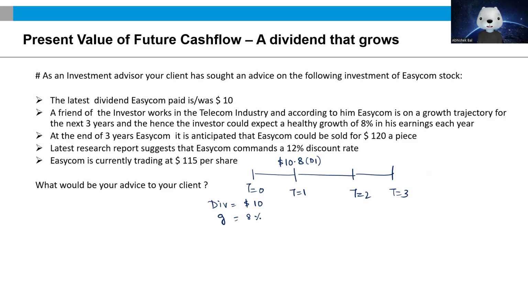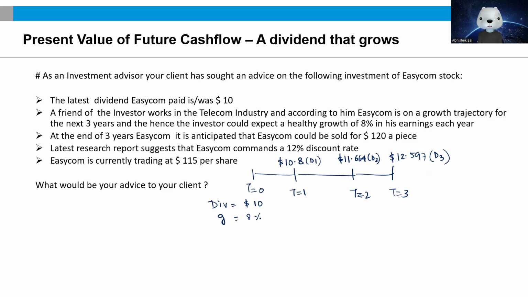Multiplied once again by 1.08, this becomes 11.664, which happens to be dividend number two. And then we multiply by 1.08 once again to arrive at 12.597, which happens to be dividend number three.